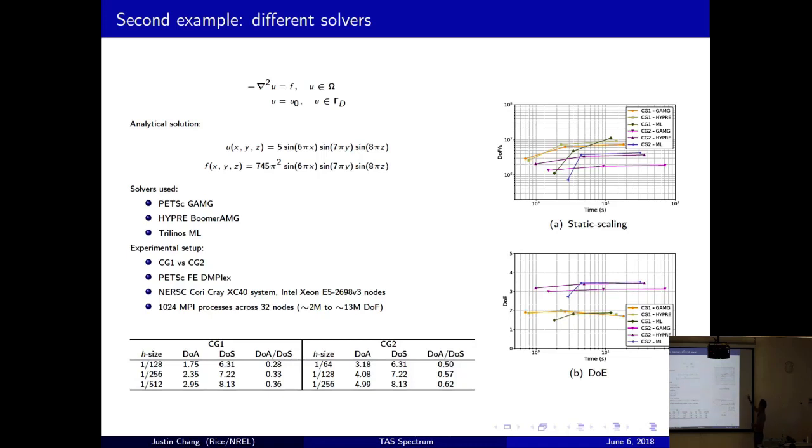We see that even with all these different multigrid solvers, the first order methods appear to process degrees of freedom faster than their second order counterparts, but the digits of efficacy metric tells us it is the second order CG2 algorithms that are faster. And so this is consistent with the Firedrake findings in my previous slide.